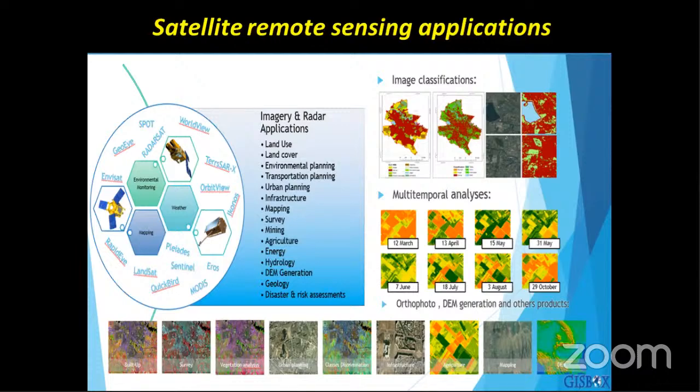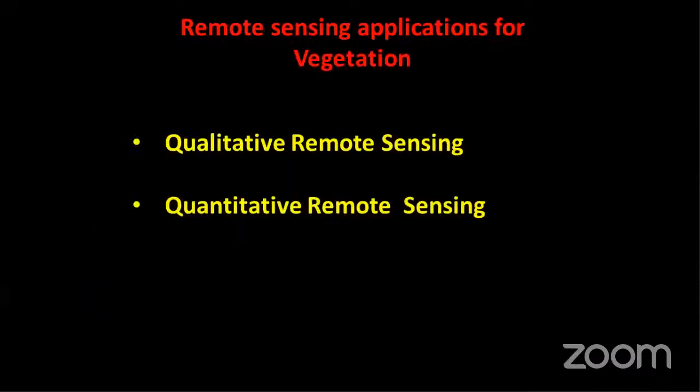But since today's session is focused only on vegetation, I am focusing on vegetation only. So forestry applications are there. What is the remote sensing application for vegetation? Basically, the applications can be divided into two sections: one is qualitative remote sensing for vegetation, and another is quantitative remote sensing for vegetation.